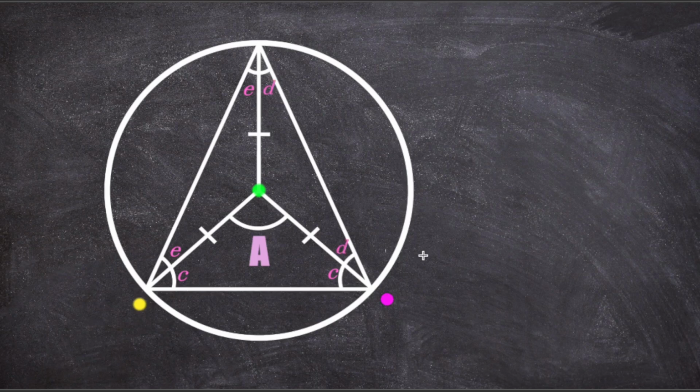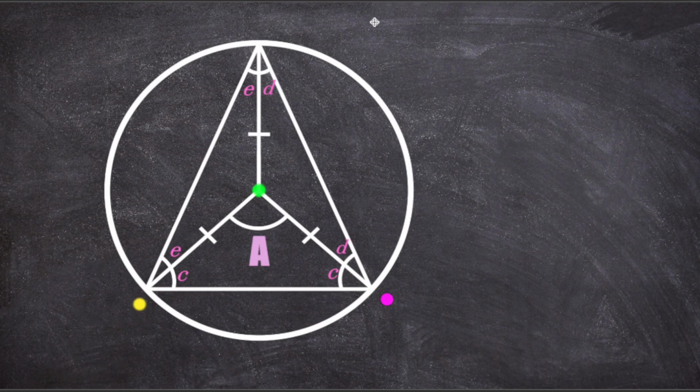Now that we have all of the angles labeled, hopefully you can see that these three isosceles triangles make up one larger triangle, where each of the angles in the larger triangle is made up of base angles of the isosceles triangles. So the size of the top angle is E plus D, the size of the right hand angle is C plus D, and the size of the left hand angle is C plus E.